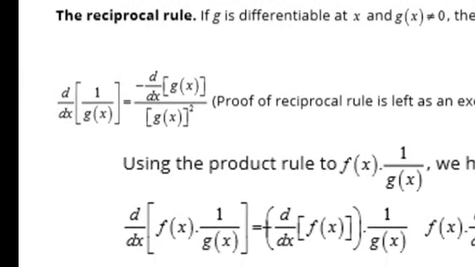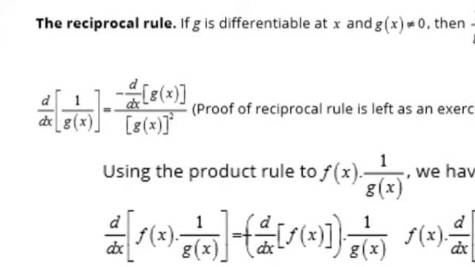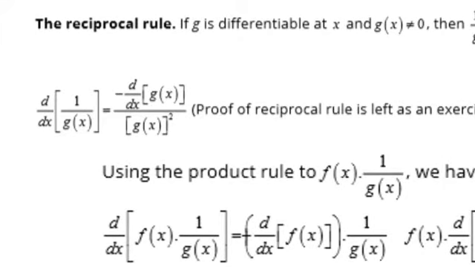Now the reciprocal rule: if we have a constant in the numerator and a variable in the denominator, its answer is minus d by dx of the denominator over the square of the denominator.